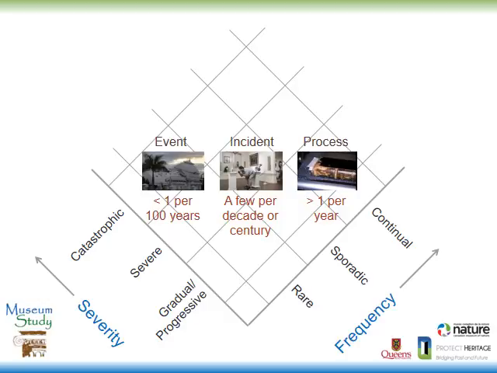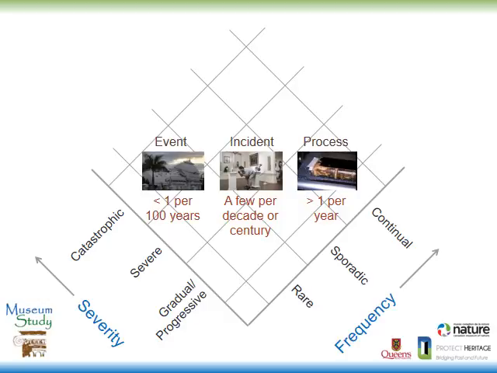At the other extreme is a process that we define as occurring continually or at least once per year, as in seasonal environmental changes, say damp summers, dry winters, that sort of thing.